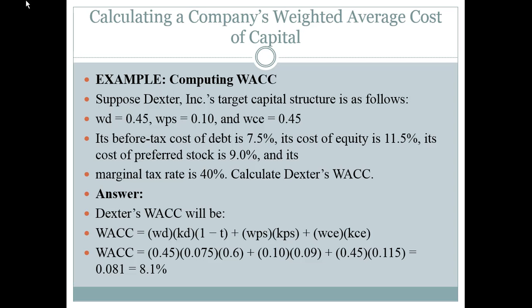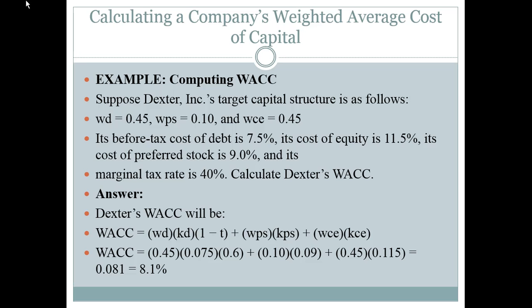So you can see that we've been given the before tax cost of debt. To find the after tax cost of debt, we have to say 7.5% multiplied by 1 minus 0.4, so it's 7.5 times 0.6.